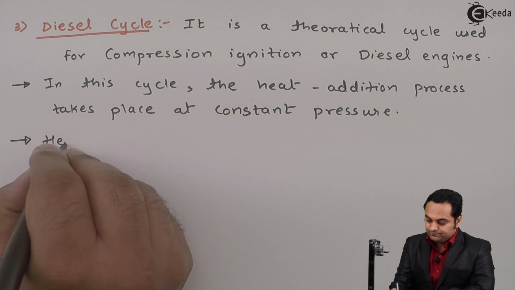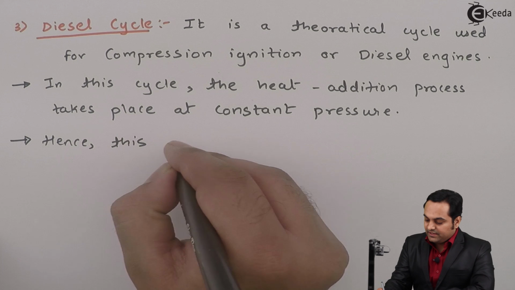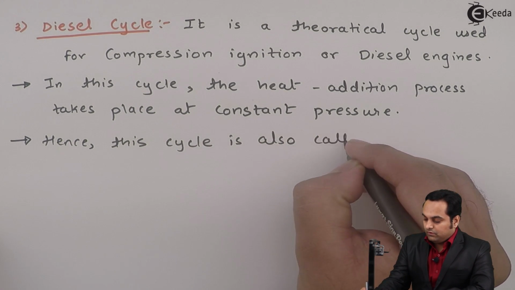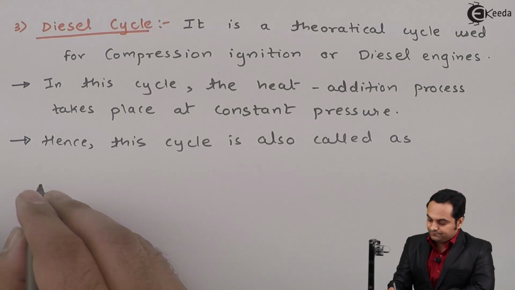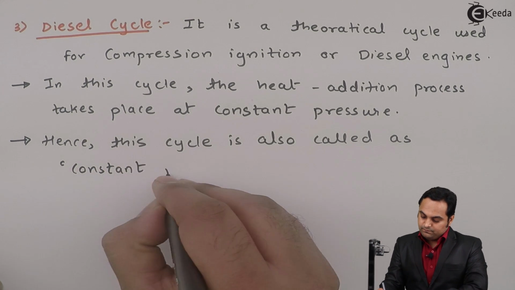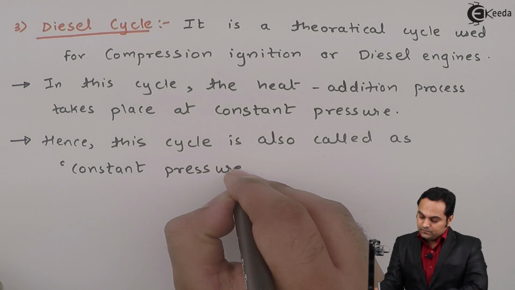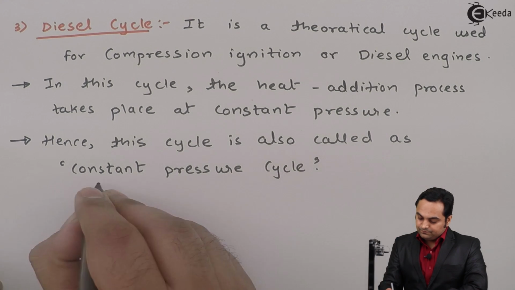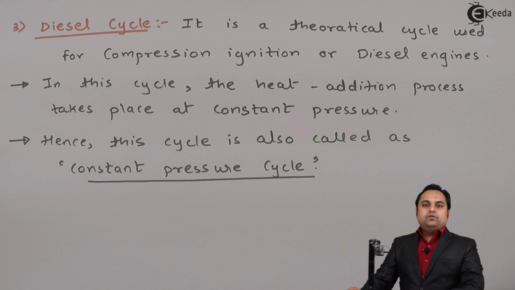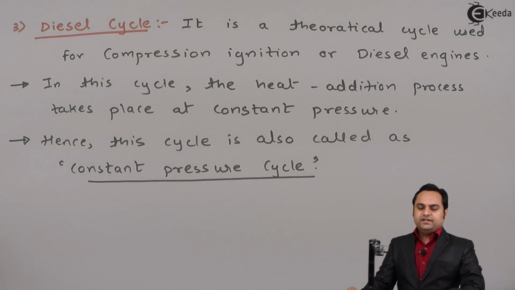Hence, this cycle is also called as constant pressure cycle. So here, as I have written that in case of diesel cycle, the heat addition process takes place at constant pressure, so it is also called as a constant pressure cycle.